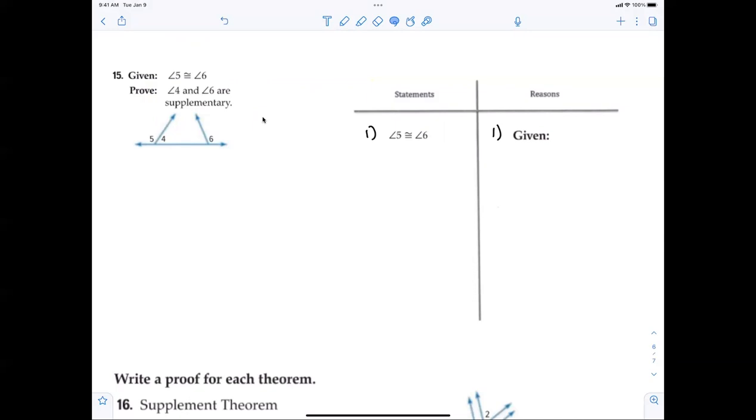All right, so let's do that. Angle 4 and 5 form a linear pair.